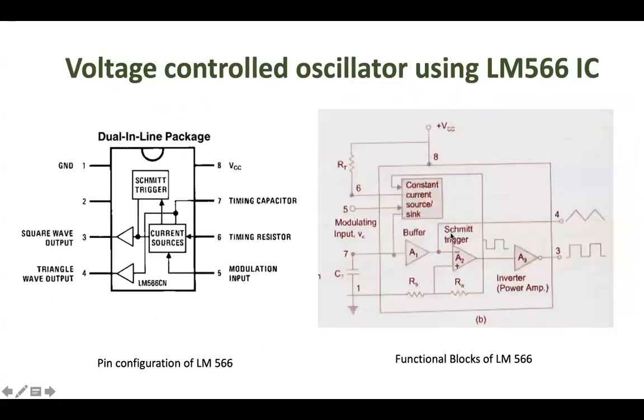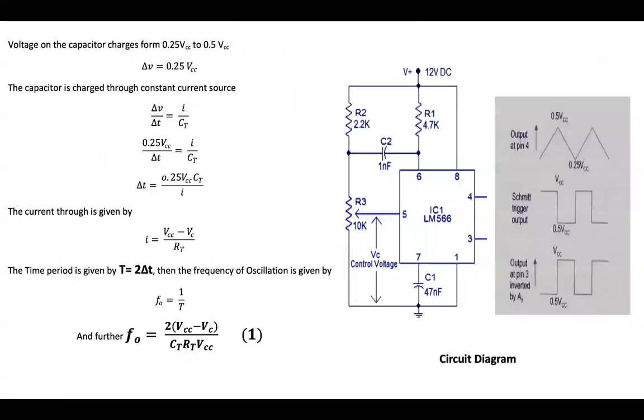So what is this pin number 3? At pin number 3 you also have a power amplifier and an inverter, which is a power amplifier. So here we get the square wave output. This is a power amplifier, which means it can handle higher levels of power.